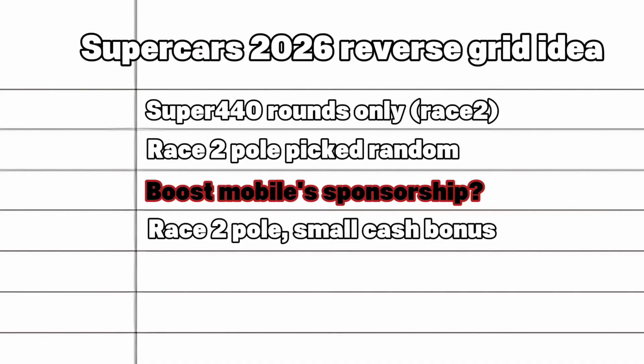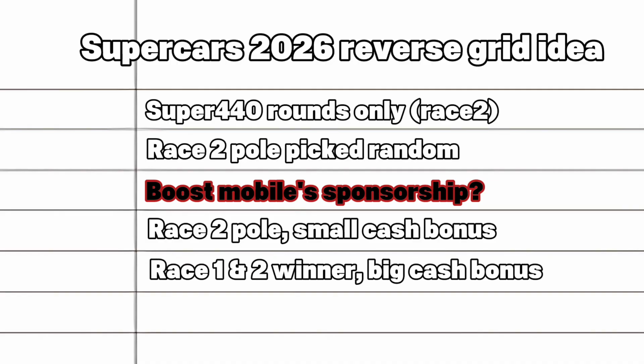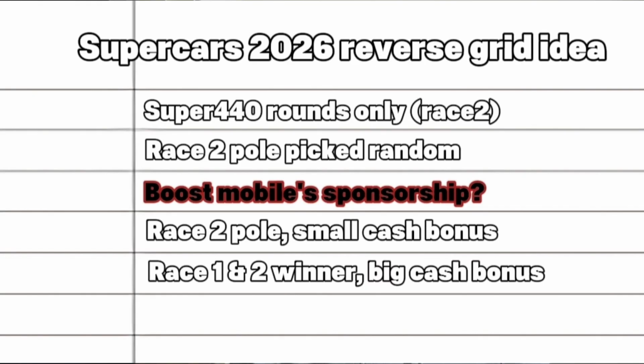If you're Brock Feeney starting 12th, what happens if you win the race? Well, there's a slightly bigger cash bonus for winning the race after winning race 1. Let's say it was like $5,000. And once again, you get your race winner's check, and then Boost comes in and says, congratulations, here's a big $5,000 thingy for Bobby.